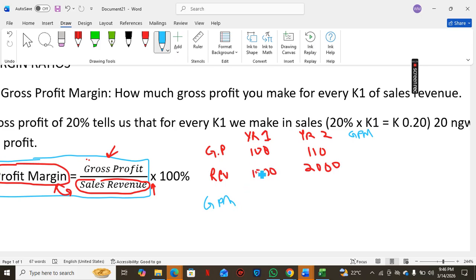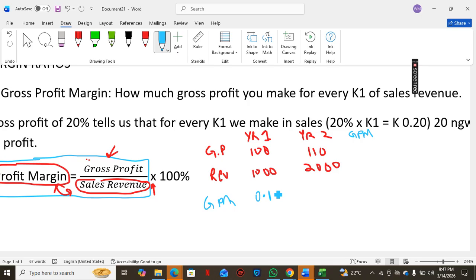In year 1, it's 100 divided by 1,000, which is 0.1, or 10%, which is telling us for every 1 kwacha that you make, 10 ngwe is your gross profit.